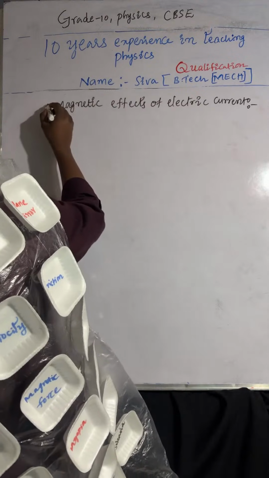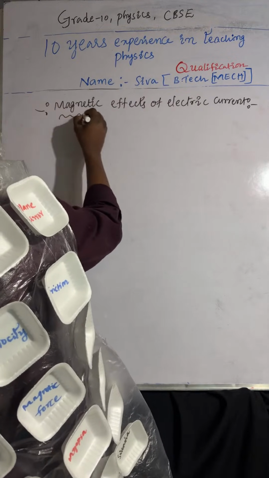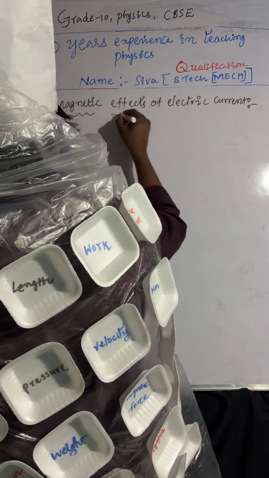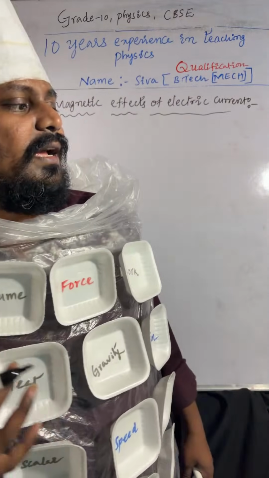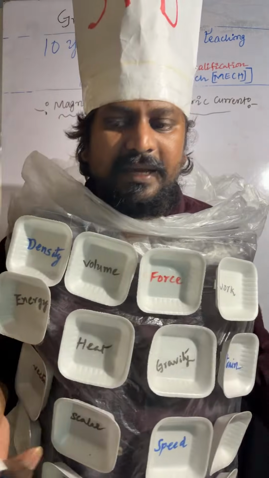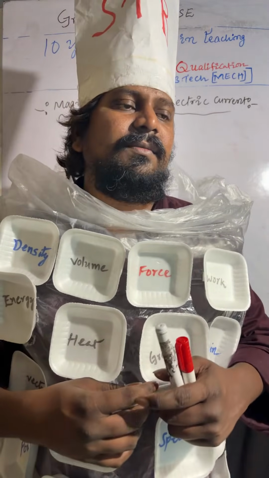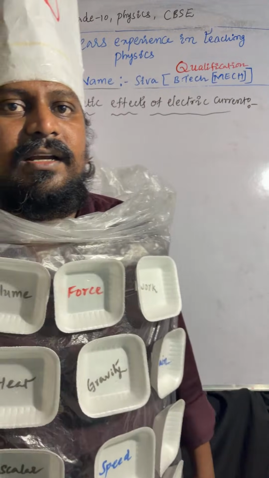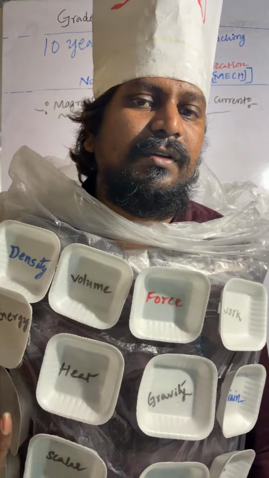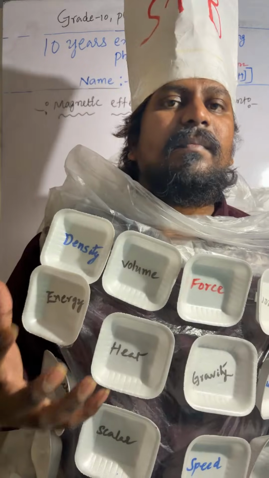When the current is passing through the conductor, it behaves as a magnet. When the current is passing through the conductor, it produces or acts as a magnet.